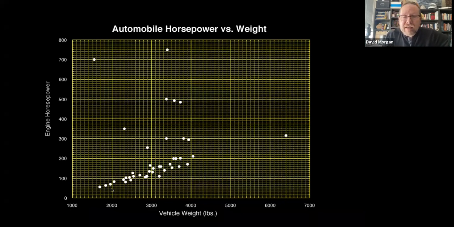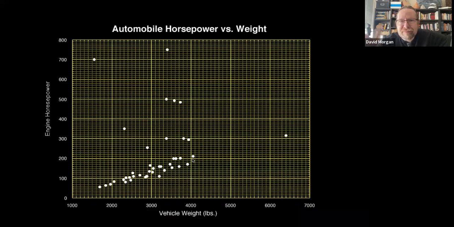So a little tiny car, a little Kia, a little Fiat, a little Cooper Mini, might only weigh 1,600 pounds, and it only needs a 90 horsepower engine.